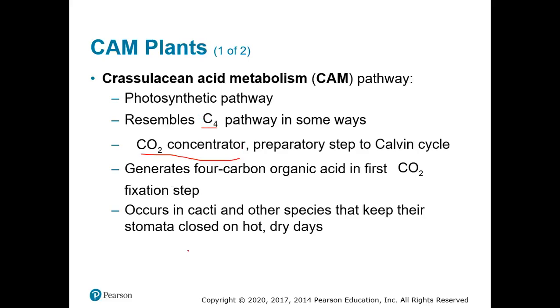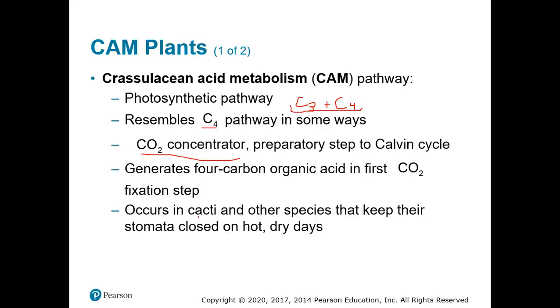So we're going to have a set of C4 reactions, and our C3 reactions are still going to occur. So this is still C3 plus C4. The main difference is CAM plants are not going to spatially separate these reactions. These are going to happen in the same place, but the key, at different times.